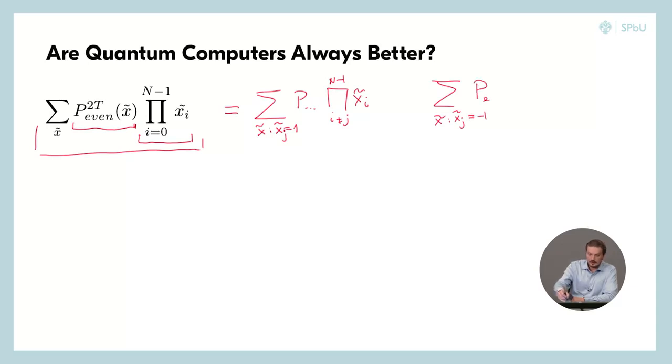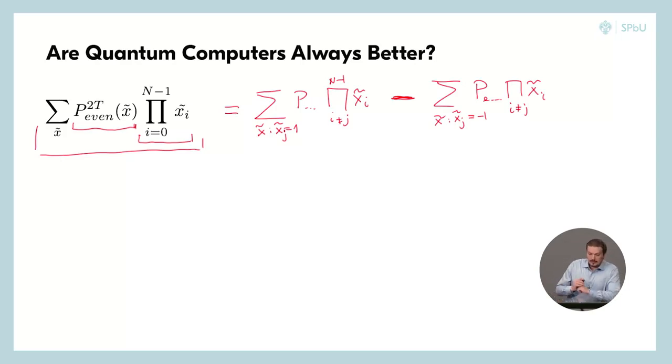Again P even, etc. Product over i not equal to j of xi. And we have this minus before this sum, because we removed this index from here, and this index gives us this minus.